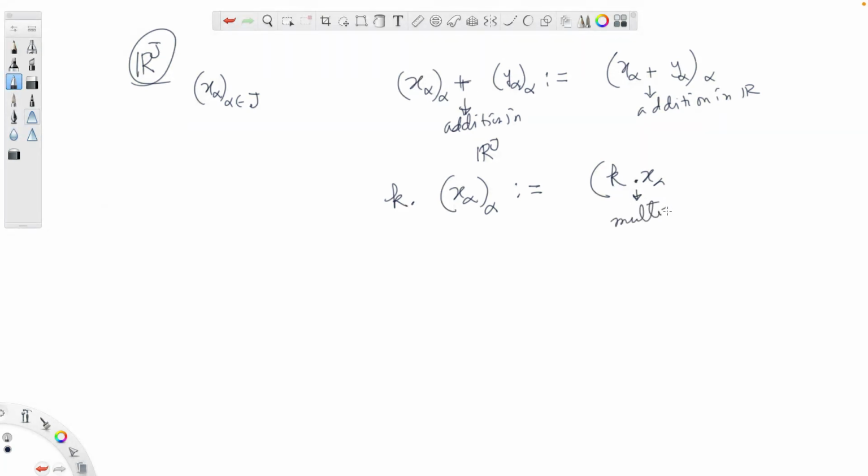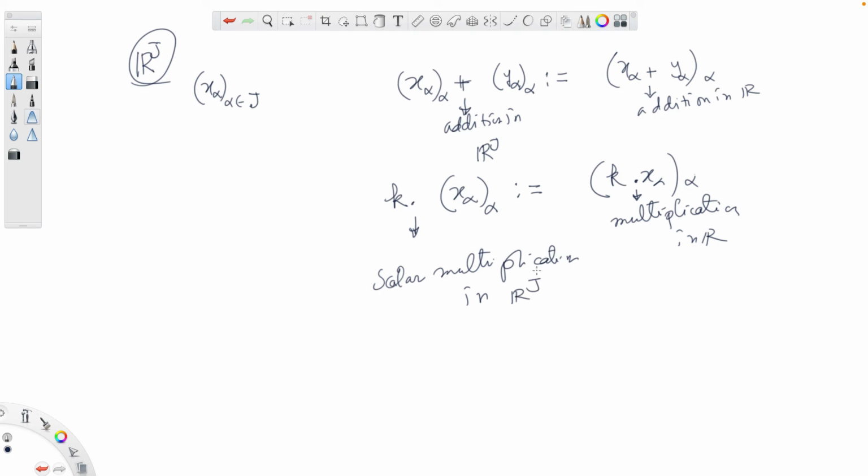This is taken to be scalar multiplication in R to the J.